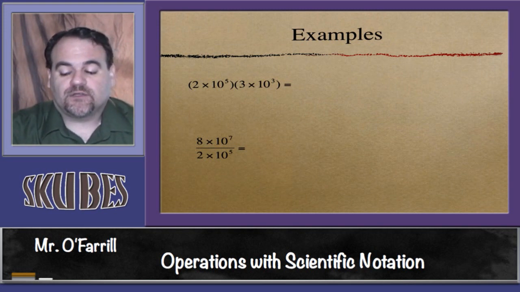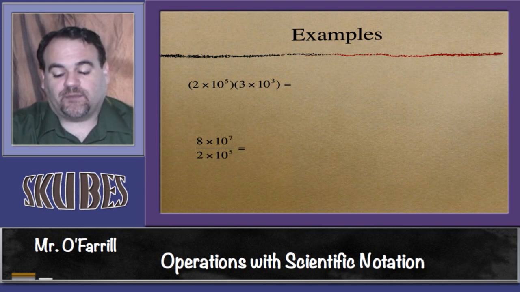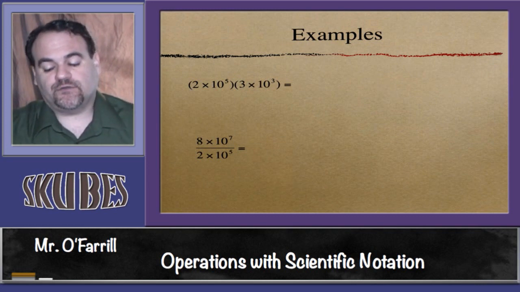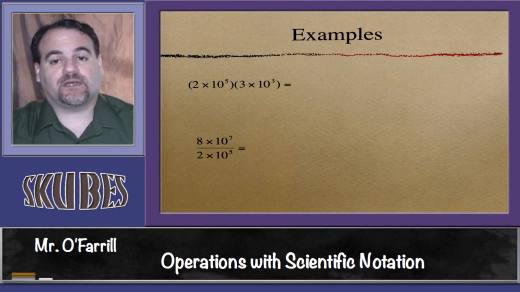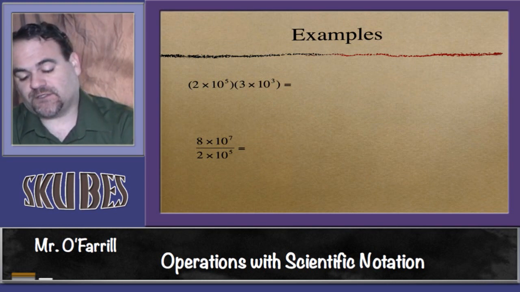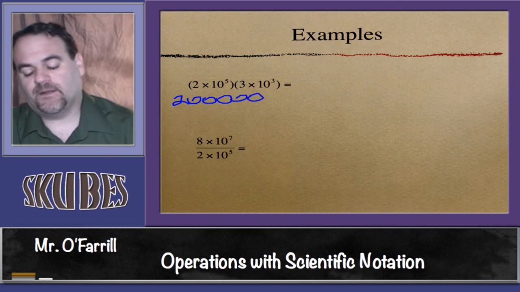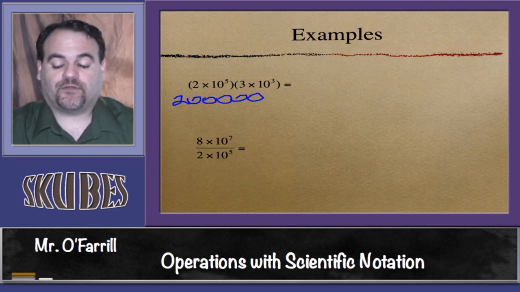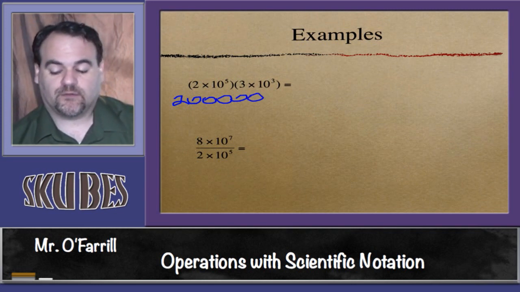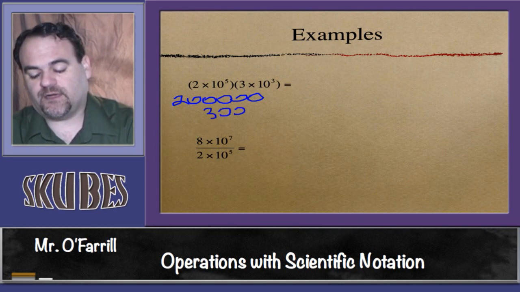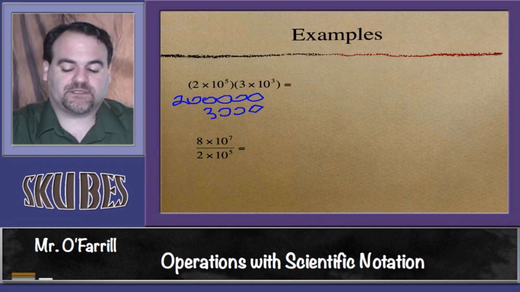Now those same two methods that we talked about can be used here as well. We can do 2 times 10 to the fifth, which would be 2 followed by 5 zeros. And we can do 3 times 10 to the third, which would be the number 3 followed by 3 zeros, and multiply those together.